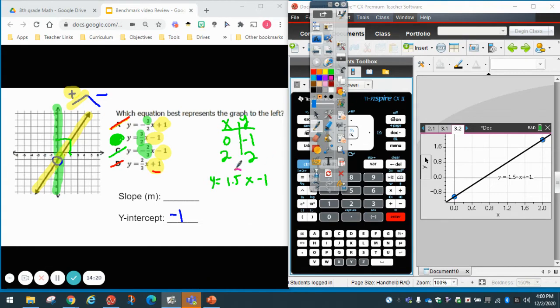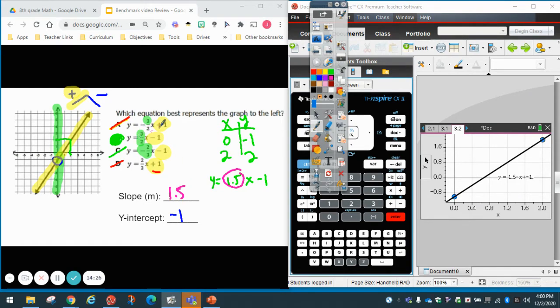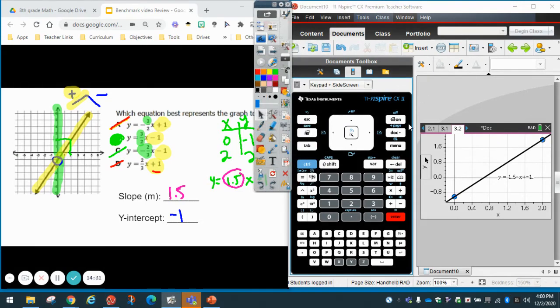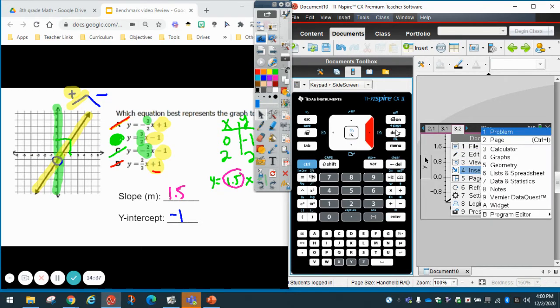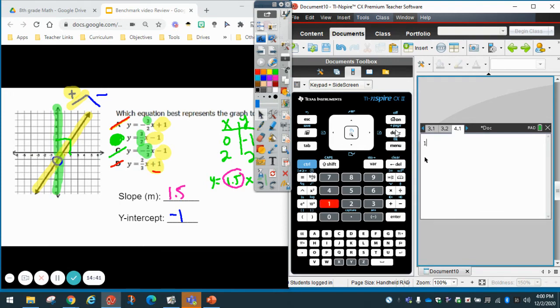The slope is the number in front of x, so my slope is 1.5. Now, if you notice, my answer choices are in fractions, so we have to convert our decimal into a fraction. This is why it's very important to know how to do that. So doc, go to number 4, insert, go to number 1, problem, add a calculator, and type out your decimal, 1.5.